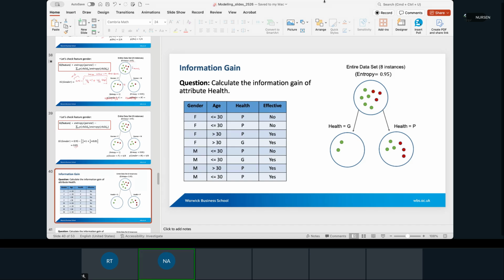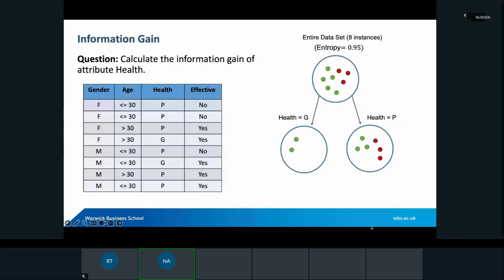It is 1, right? We have 3 yes cases, 3 no cases. So these are actually the 2 extreme boundaries. For health poor, we have entropy 0. This is pure. Only 2 outcomes, so entropy 0, 2 yes. And this is impure. We have 3 yes cases, 3 no cases, so 50% from each. So that means entropy is 1. So highly mixed.